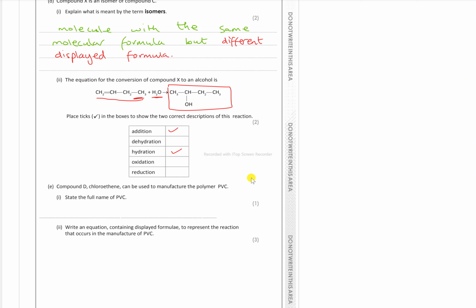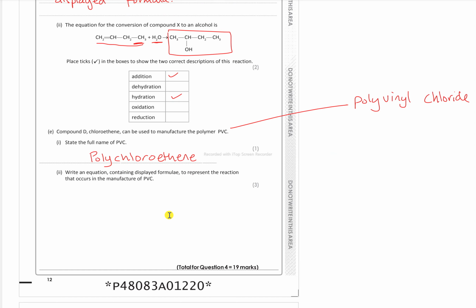State the name of the polymer, poly(chloroethene). I know it as polyvinyl chloride. Write an equation.